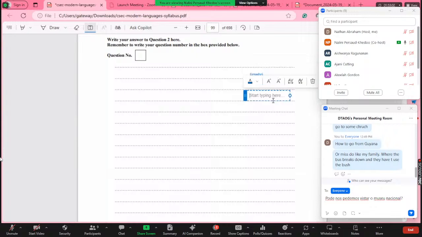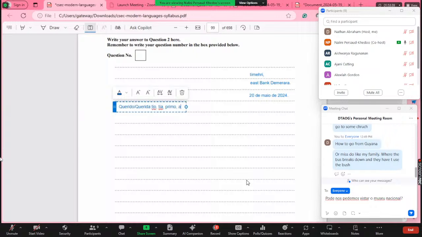Tomorrow's date will be the 20th, so you put 20 de maio de 2024. That's tomorrow's date. All right, so you finish here. You don't get a mark or 2 there. You come here now. Whoever you're writing to, you say querido or querida, and then you put either the name of the person, or if it's your aunt or your uncle or whoever: uncle, aunt, cousin, friend. All right, so that's another mark you get there.